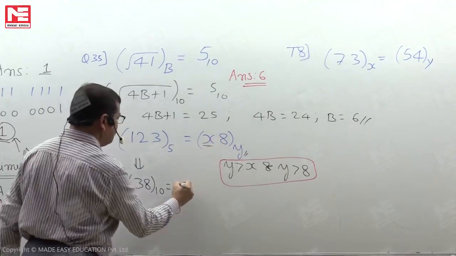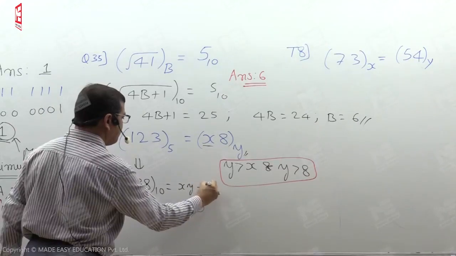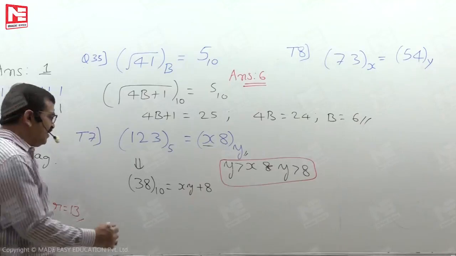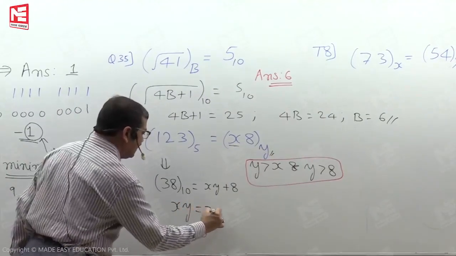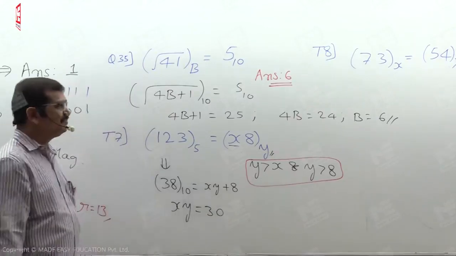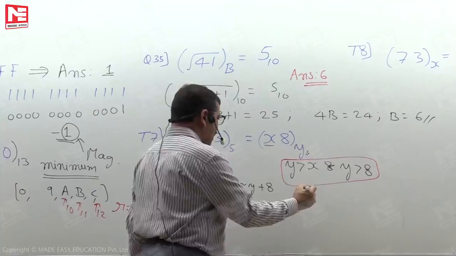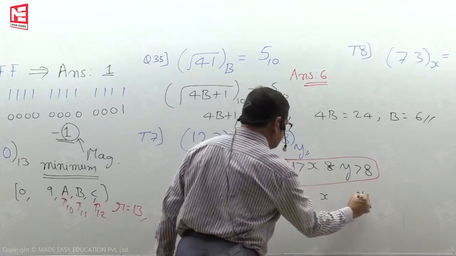And if you evaluate this, it is xy plus 8. Hence, xy is 30. Once xy is 30, now if you list x and y values, which are the possibilities?